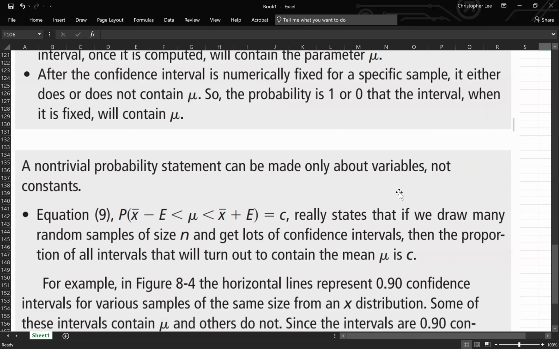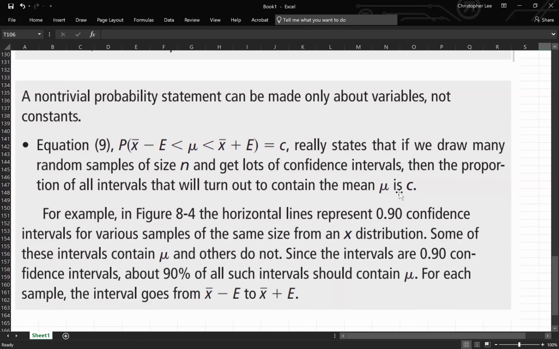For example, in our previous figure, the horizontal lines represent the 90% confidence interval for various samples of the same size from an X distribution. Some of these intervals contain the population mean, others do not. Since the intervals are 90% confidence intervals, about 90% of all such intervals should contain the mean mu. For each sample, the interval goes from the sample mean minus the margin of error to the sample mean plus the margin of error.